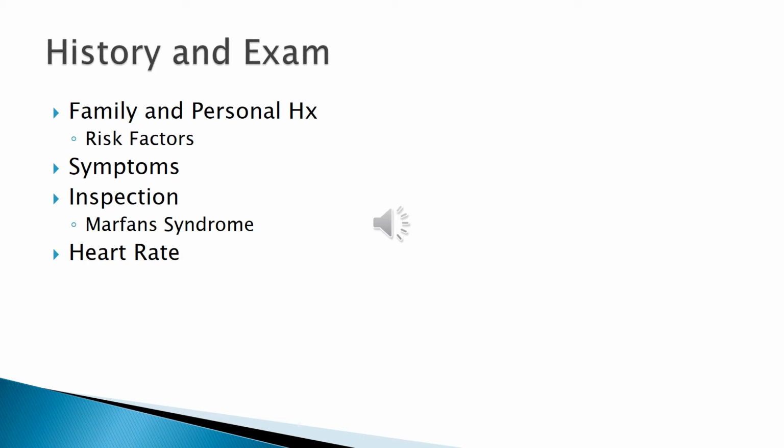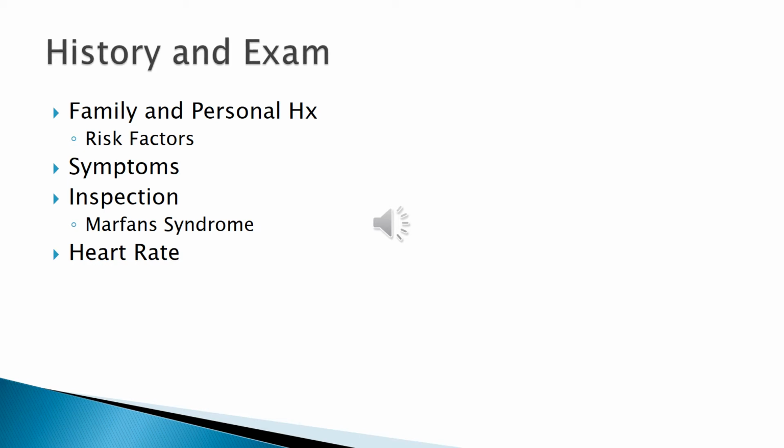I also want you to kind of look at some of the other risk factors and be able to name those as well. You want to look at your general symptoms, some of which we have already talked about and discussed. Again, typically the pain of cardiac origin is usually going to be that crushing type of pain in the chest, and kind of referring into those other areas.